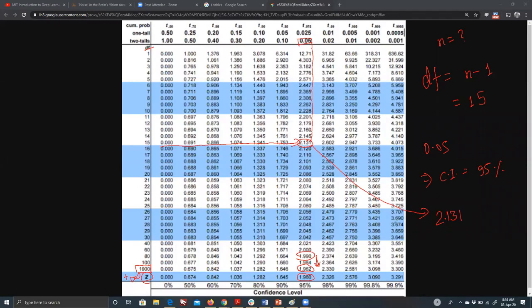So can someone tell me the confidence interval right now? What is the confidence interval? 95%.